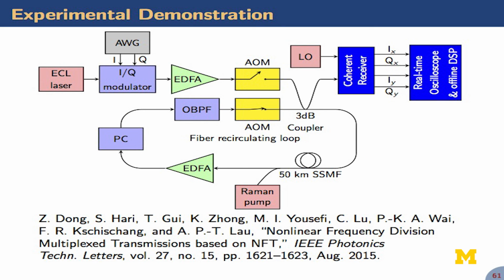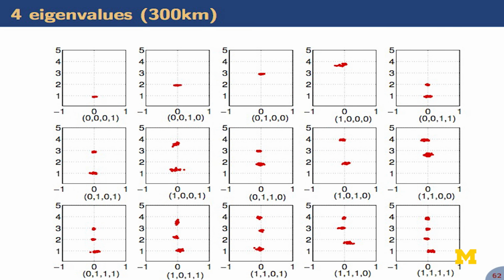Then our colleagues in Hong Kong built an experiment for us, and we launched some signals. Here's the 4 eigenvalue communication, which we were able to achieve successfully over 300 kilometers. There's off, and then there are 15 possible on combinations.